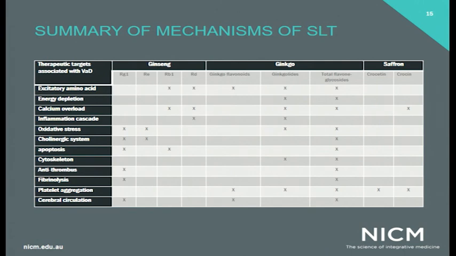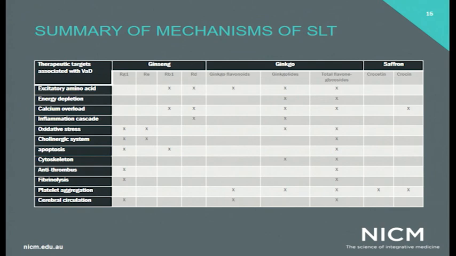To put all those results together, we actually produced something like a 2 PhD thesis thickness of results based on those models. But this table summarizes all those pharmacokinetic and mechanism of action findings. The left column shows you the whole range of therapeutic targets associated with vascular dementia.